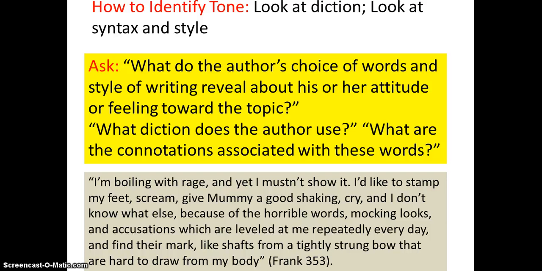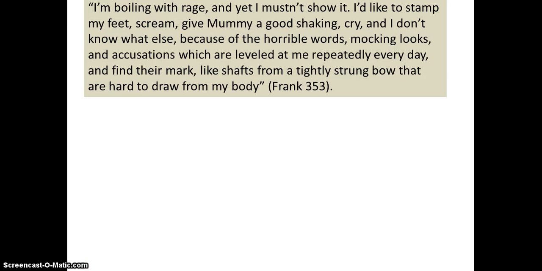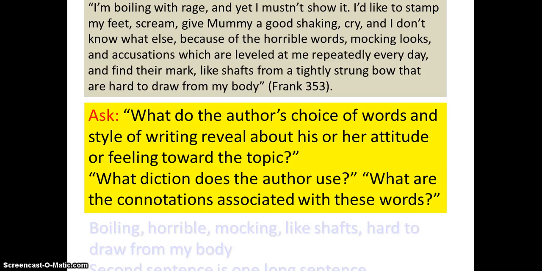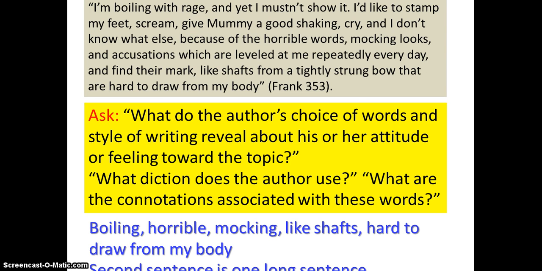Okay? So if we look at these words, and we ask ourselves these questions, what do the author's choice of words and style of writing reveal about his or her attitude or feeling towards the topic? Well, if we look at some of these words like boiling, horrible, mocking, like shafts, hard to draw from my body, all of these words show that she is obviously upset, that she is hurt.